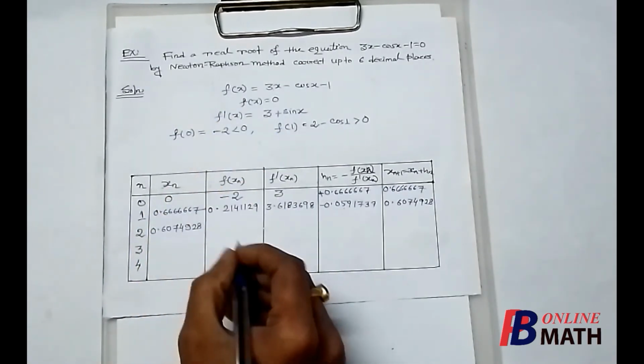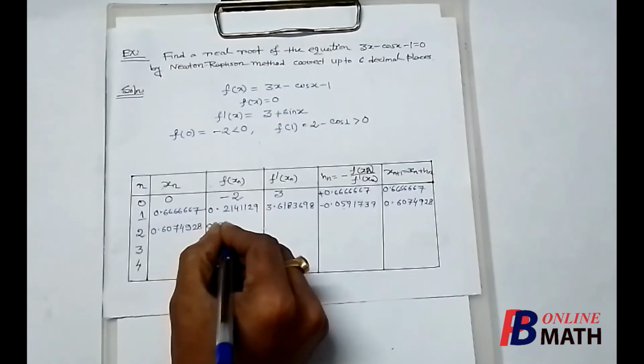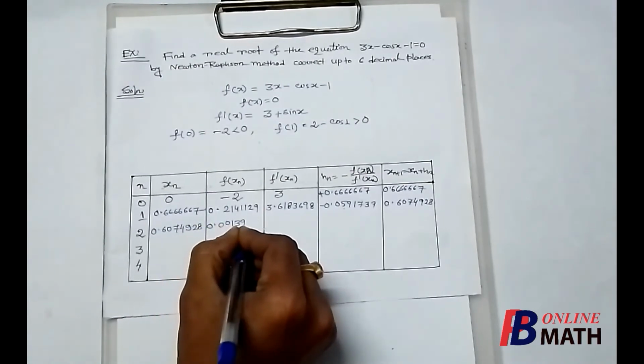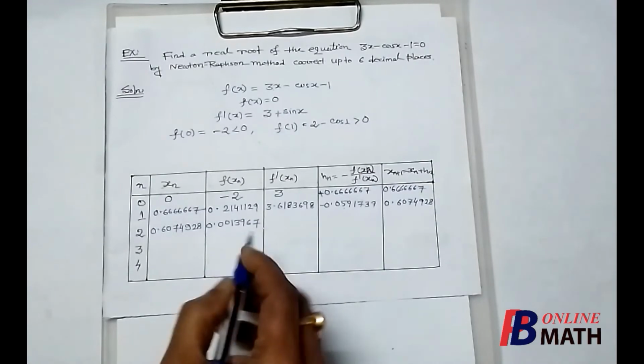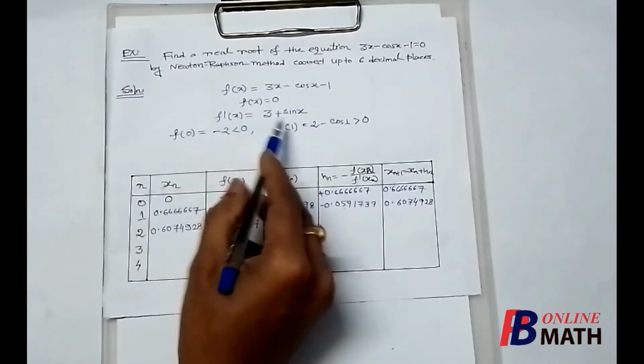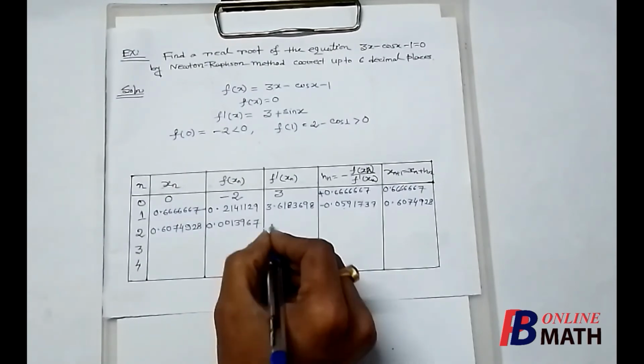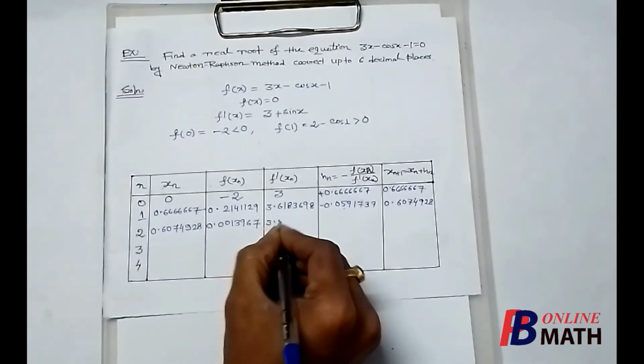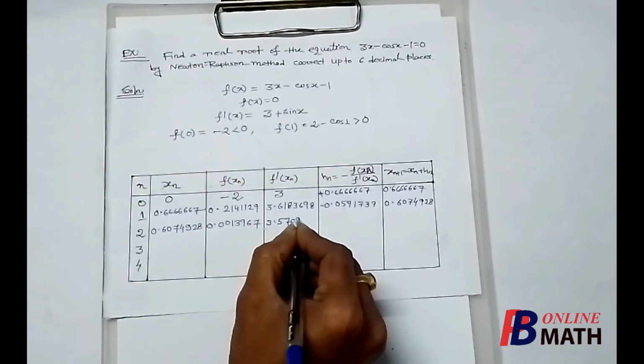If we use this value as xn, then we can easily find f(xn). This will be 0.0013967. And if we use xn equal to this value in this function f dash x, then we can get 3.5708106.